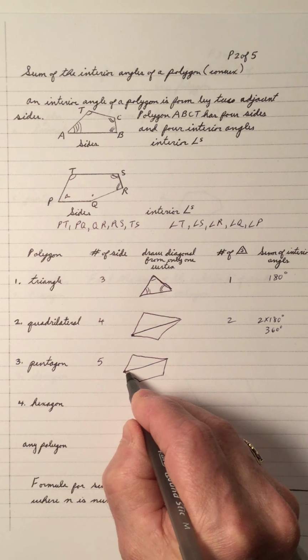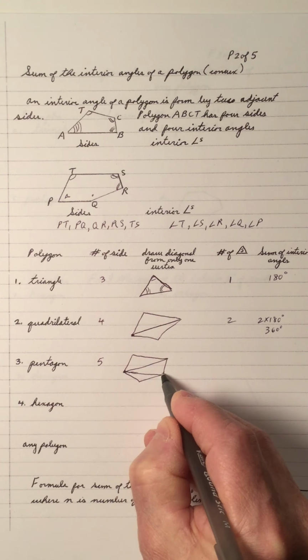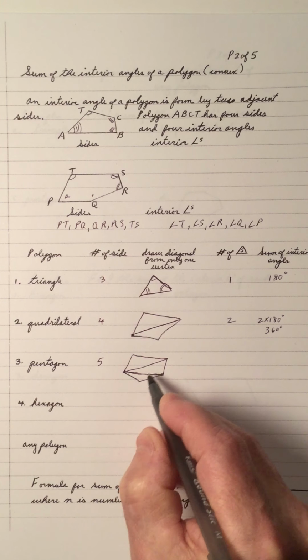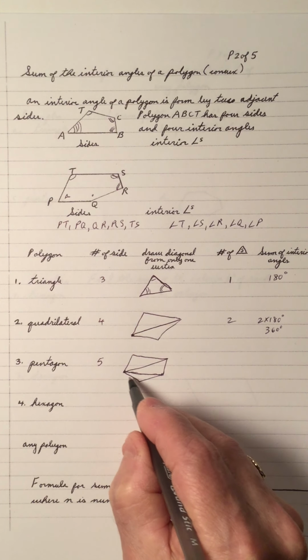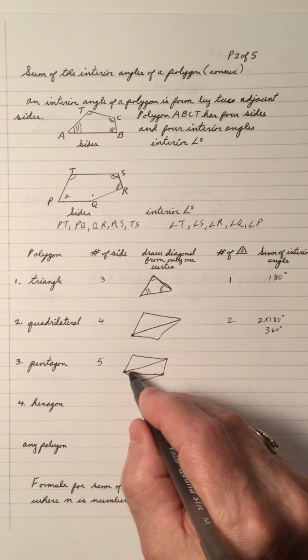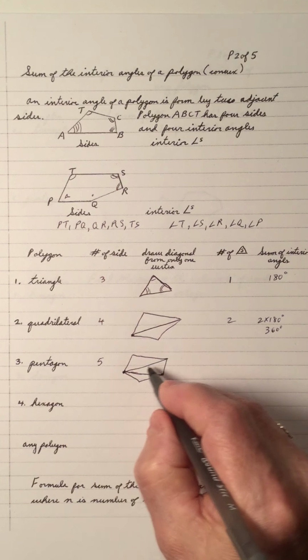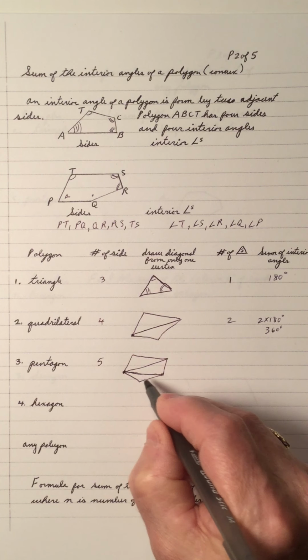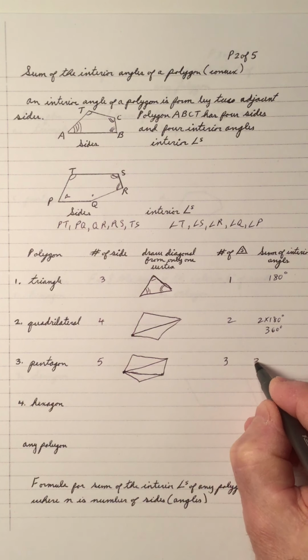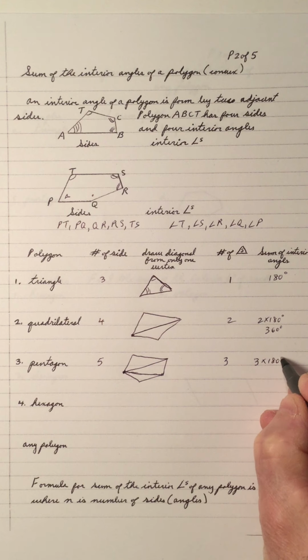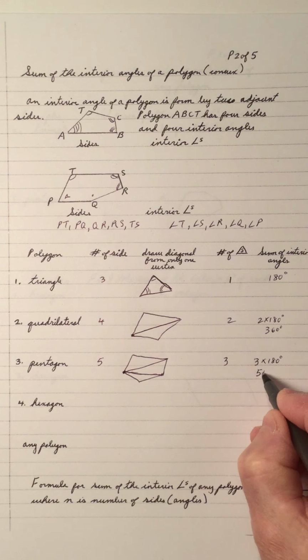And we draw from here over to here. That's another diagonal. I can't draw this one because that's a side. So that has 2 diagonals from this vertex right here. That means you have 3 triangles. So that means you have 3 times 180, and that's 540.